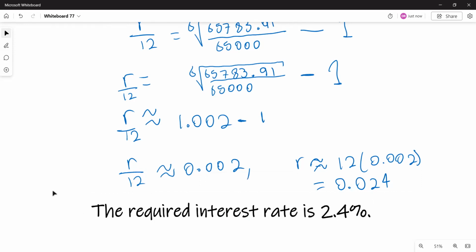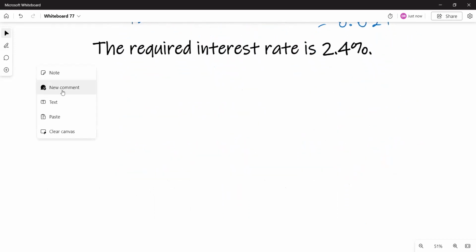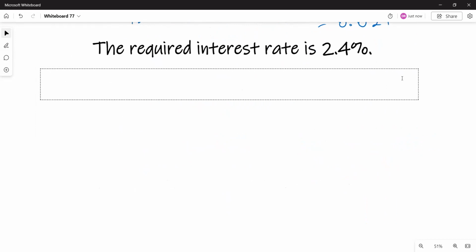Okay, so the last part is going to be the number e and continuous growth. So let's suppose the following. Let's see what happens.